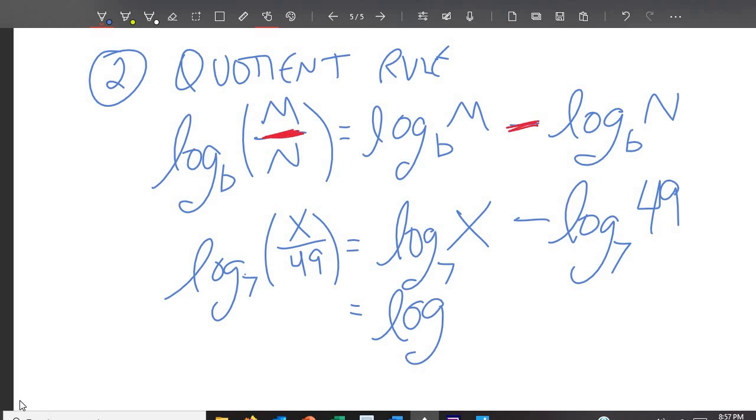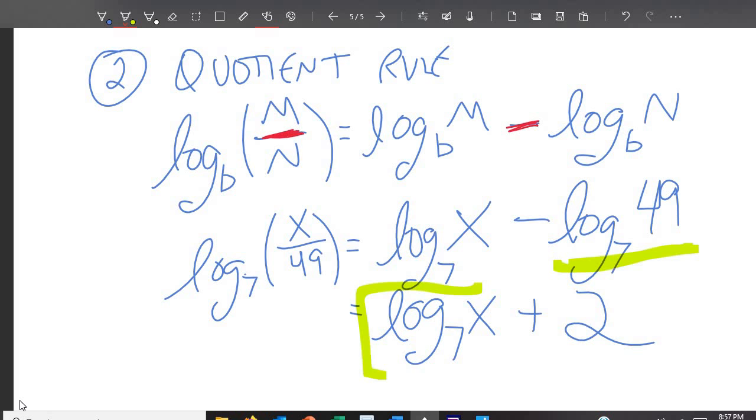Whenever you have a number for your base and a number where the 49 is, you have to try to simplify it. As long as everything is numbers, you can try to simplify it. Well, that's a 7. 7 to the second power equals 49. So this is the final answer.